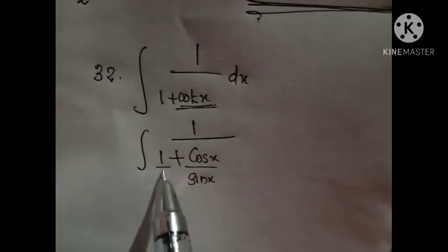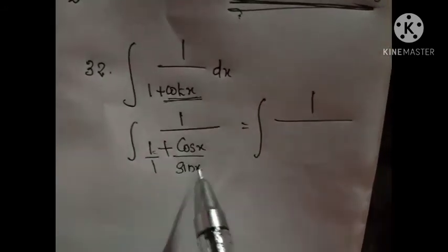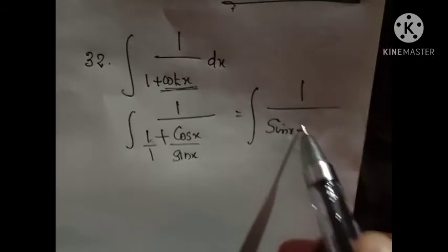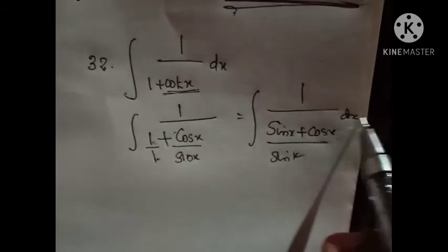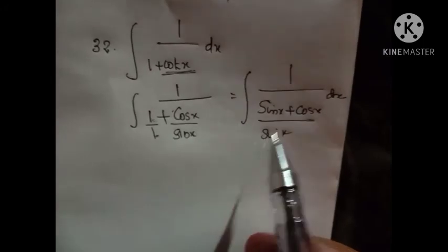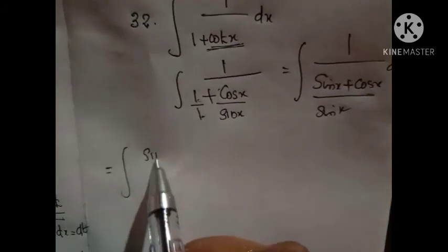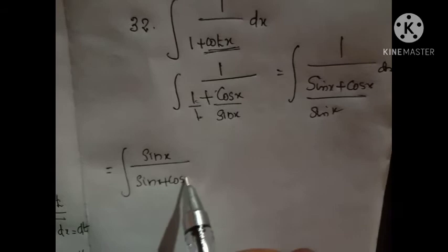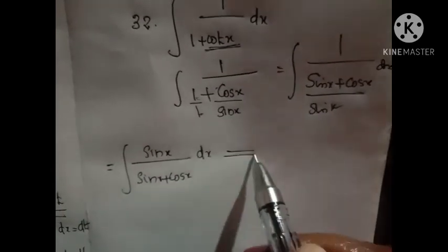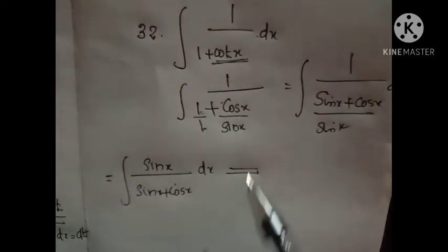Okay. Now take the LCM. So it is 1 by 1 into sin x plus 1 into cos x by 1 into sin x, with respect to dx. Now take this sin x to numerator. So this becomes integral sin x by sin x plus cos x dx. Okay. So our function changes into sin x by sin x plus cos x.